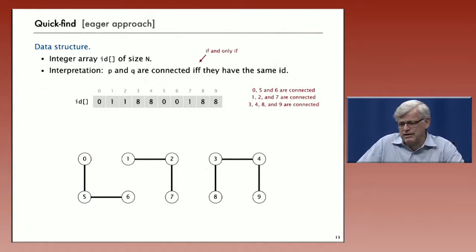The interpretation is that two objects, P and Q, are connected if and only if their entries in the array are the same.